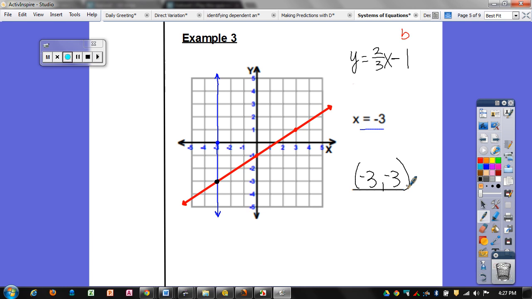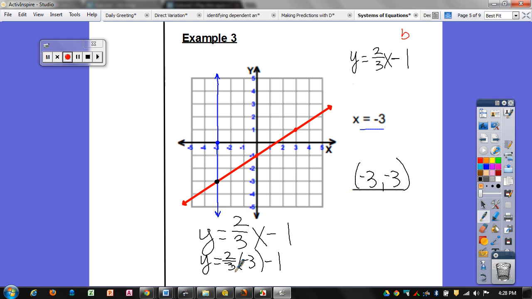For this one, I'm going to check this by replacing the x with negative 3.